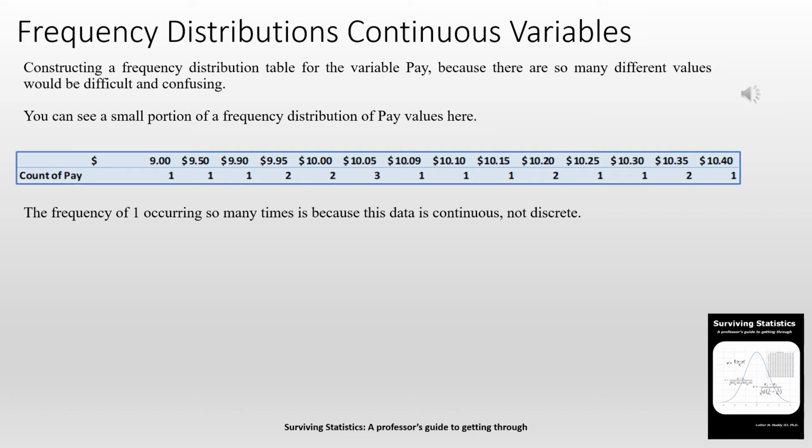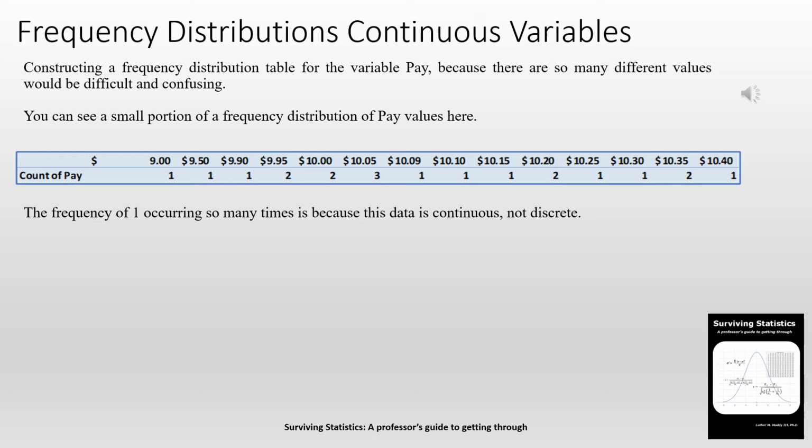So here's an example of what I was talking about in the previous screen. Notice that we have a frequency distribution, that is the pay, and how many occurrences are at each pay. And so just taking a look at this, between $9 and $10.40, we have nine: one at $9, one at $9.50, one at $9.90, two at $9.95. And again, with 421 observations as we have in this data set, you could see that that frequency distribution would be huge.